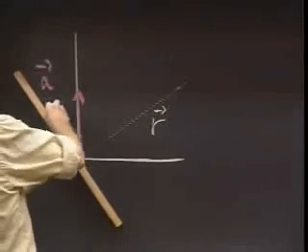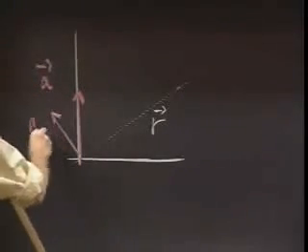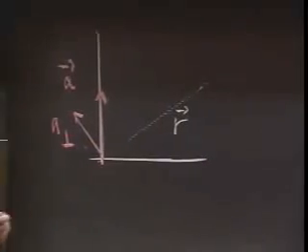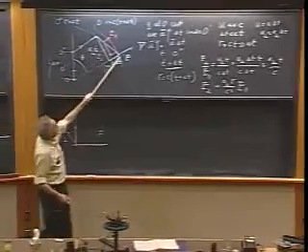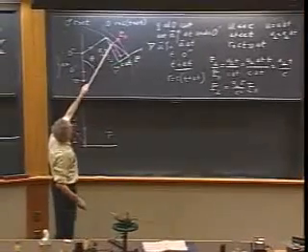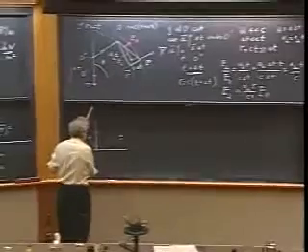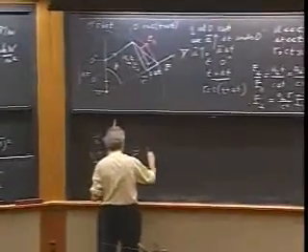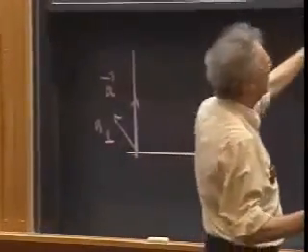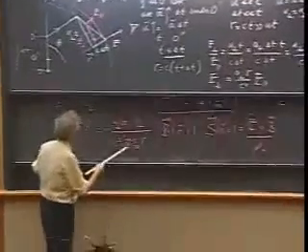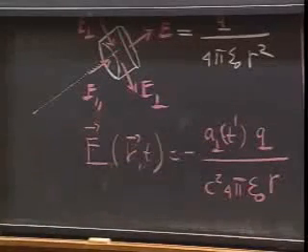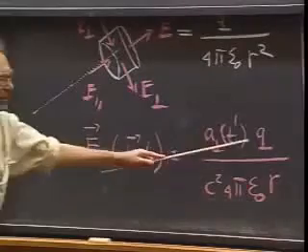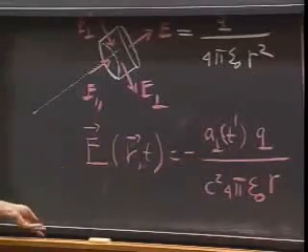Then this would be A perpendicular. And if the charge is positive, which I have chosen here because the field lines go away, then the E vector perpendicular is in this direction, like so. And that is the reason for that minus sign. Namely, if Q is positive, then E is in the opposite direction of A perpendicular. If Q is negative, then it is in the same direction.